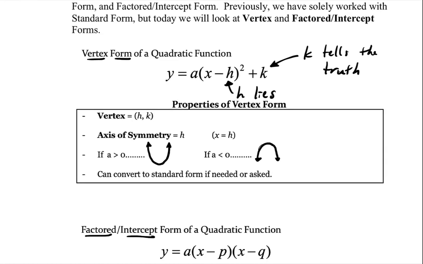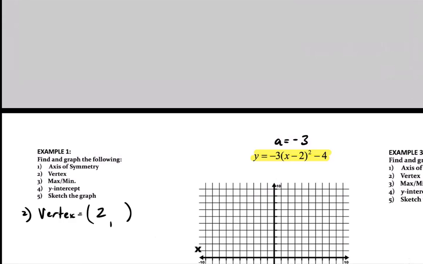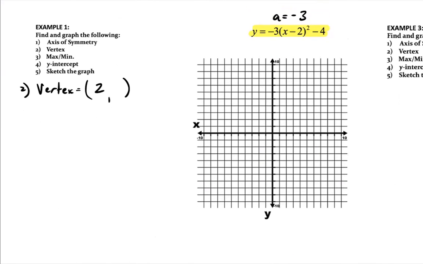If it's -2, like the problem we have, so why isn't it -2? Well, it lies. Okay, H lies, K tells the truth. So that's why it's +2. Now this guy out here, the -4, is actually -4.